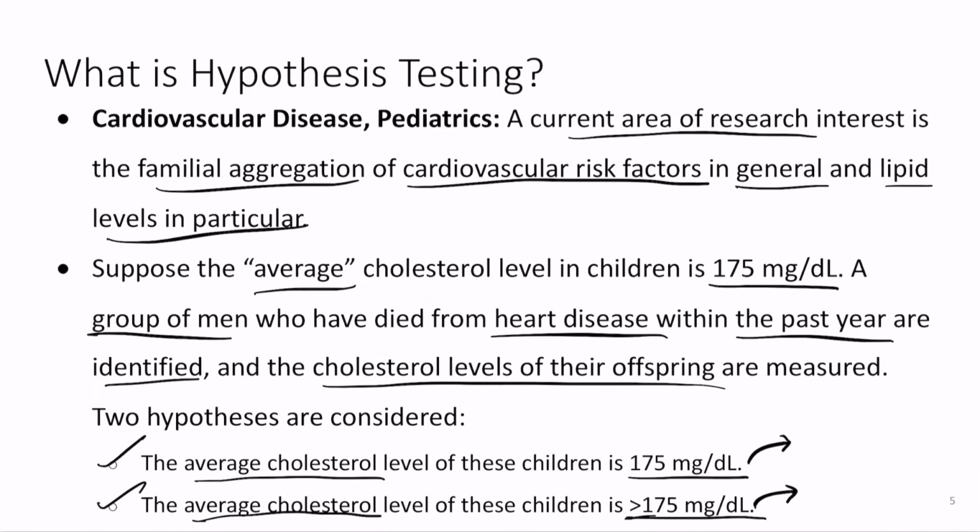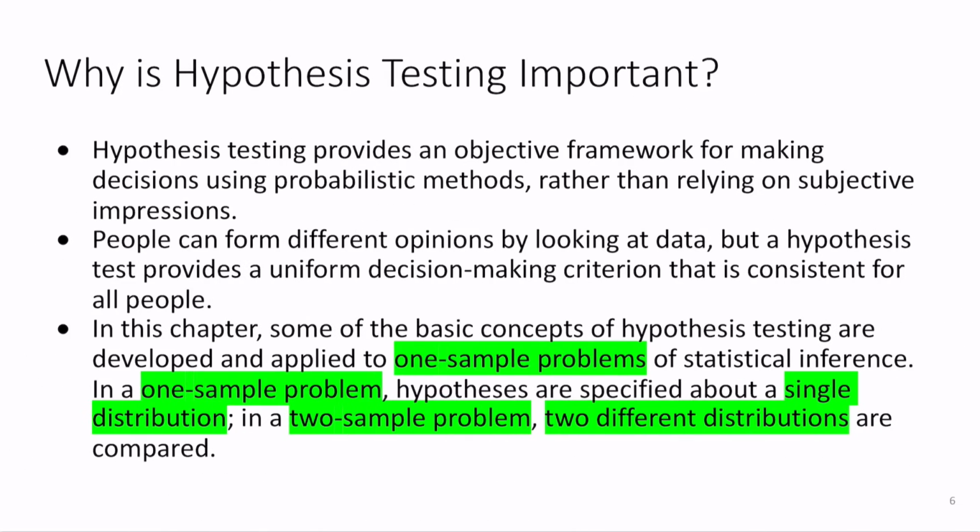So we have hypotheses that we have a preconceived notion of. Using these hypotheses, we'll try to generate a certain idea of what would be the actual hypothesis that is true. Now why is this important? Because hypothesis testing provides an objective framework for making decisions using probabilistic methods rather than relying on subjective impressions.